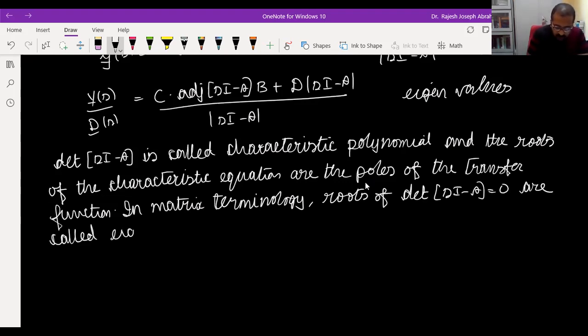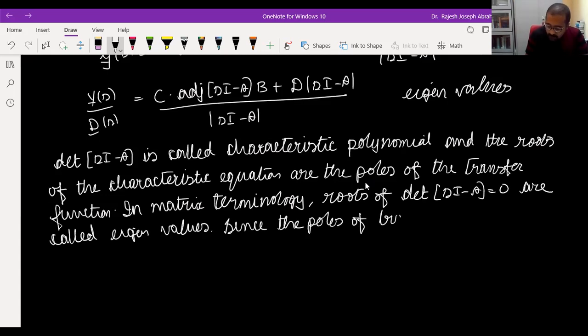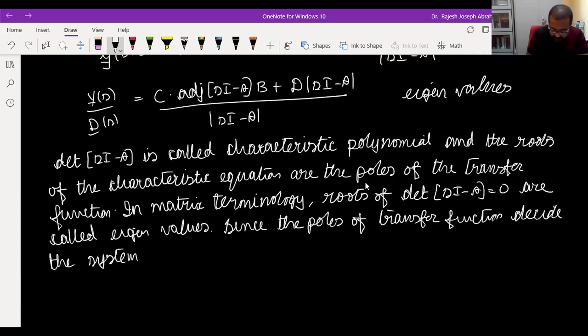Since the poles of the transfer function decide system stability, so do the eigenvalues.